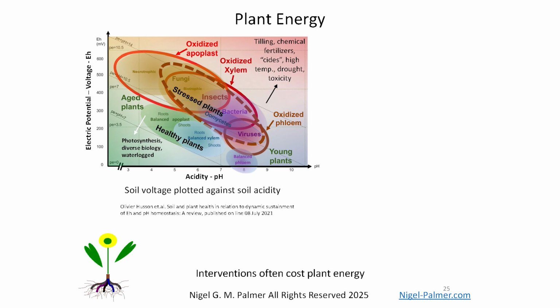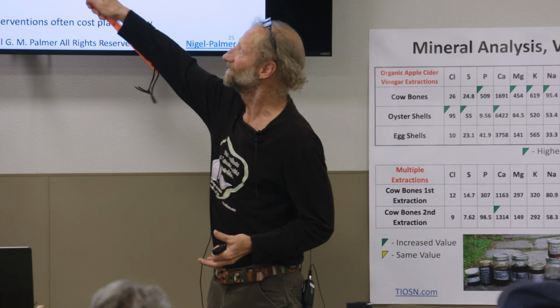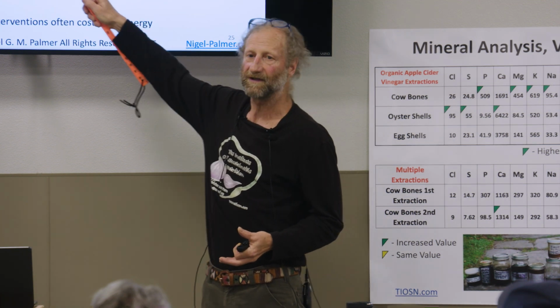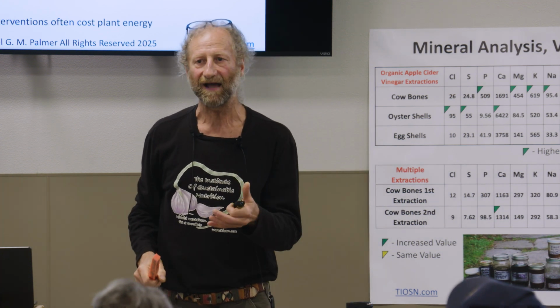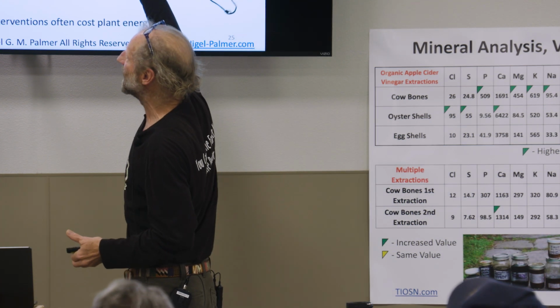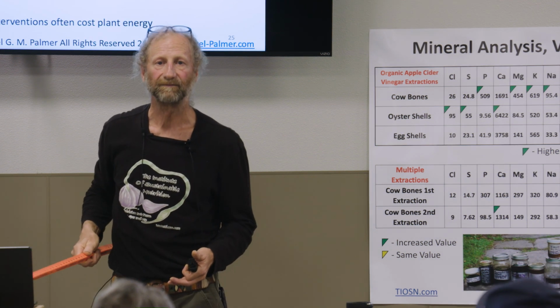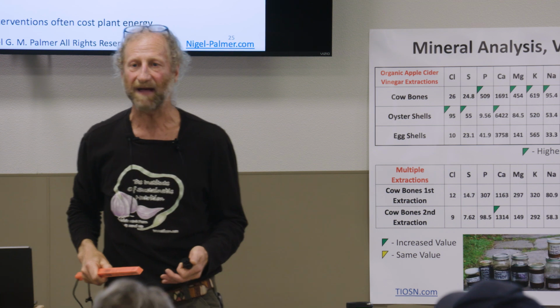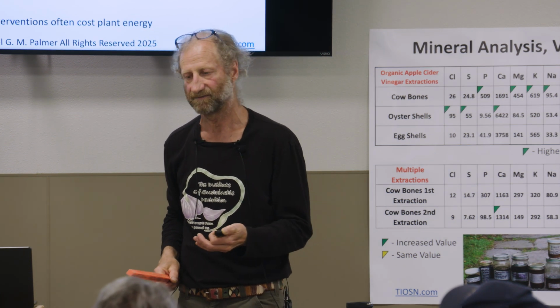So when we till our fields, we are exposing the soil to oxygen, which causes a reaction that moves the voltage and the acidity up and to the right, which makes conditions ripe for these pathogens and insect pressure. And if the plant doesn't have the energy to keep things down in this range where it wants to be, then it gets sick. Things get out of balance.